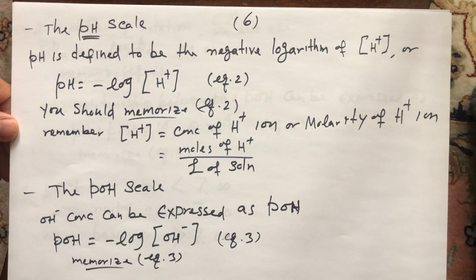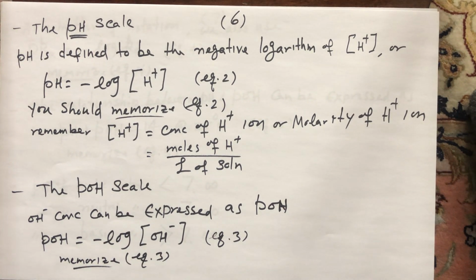All right, now this brings us to the pH scale. As I'm sure many of you have seen, pH is based on the acidity or basicity of a solution and is defined as the negative logarithm of the concentration of H plus. Mathematically, it is written as negative log of H plus concentration. It's a negative logarithmic scale.